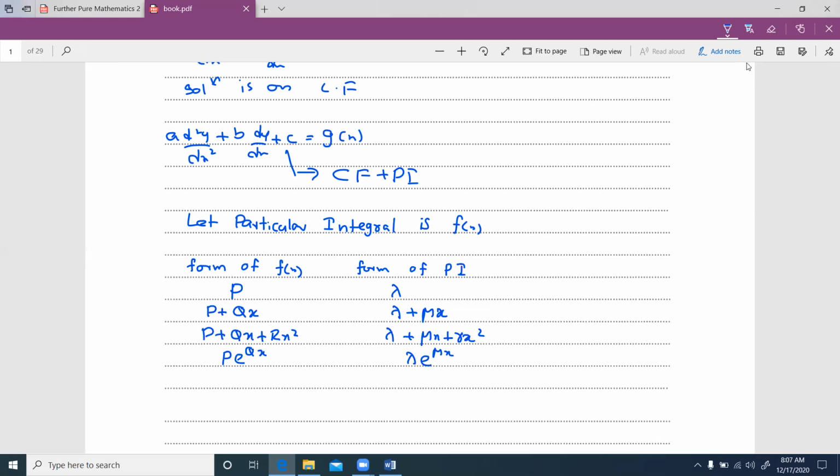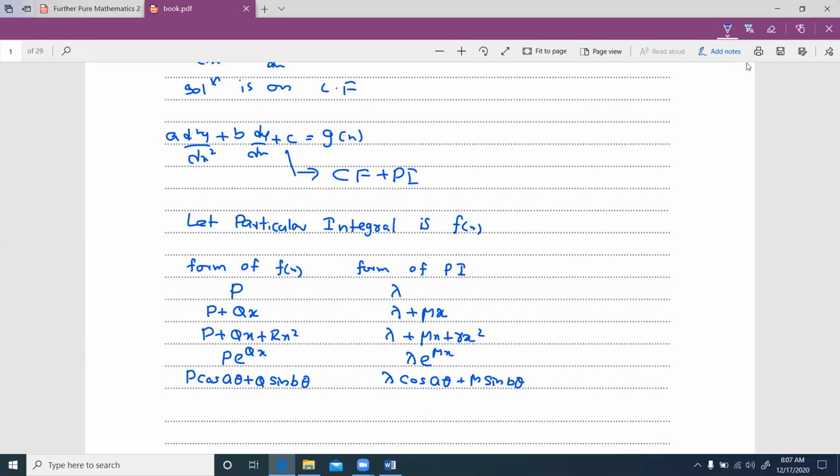If it is of the form p cos a theta, or q sine b theta, this turns into lambda cos a theta plus mu sine b theta.